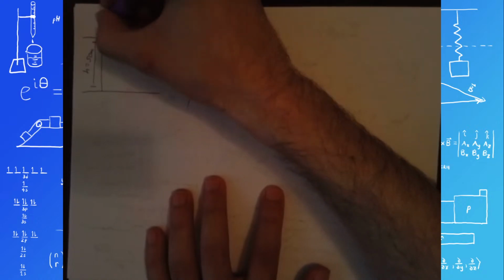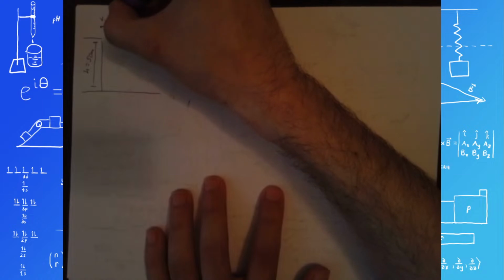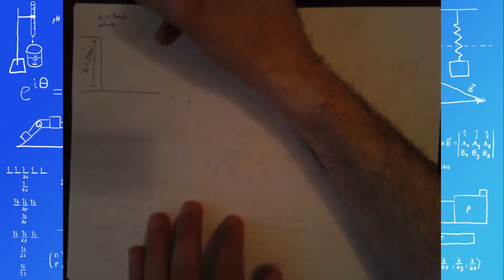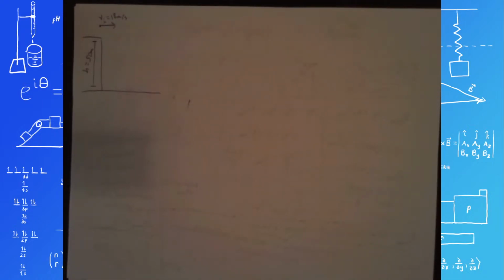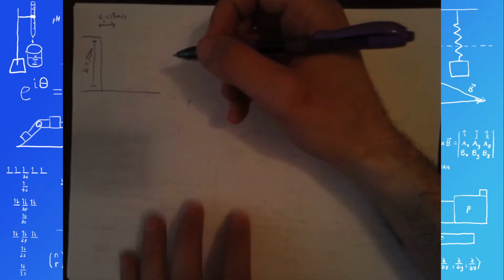So V initial, or V0 if that's what you want to call it, is equal to 18 meters per second, perfectly horizontal. So you could also call this 18 meters per second at 0 degrees with the horizontal if you prefer. And that is all the information we have. How long after being released, so find t, and with what speed and angle of impact.